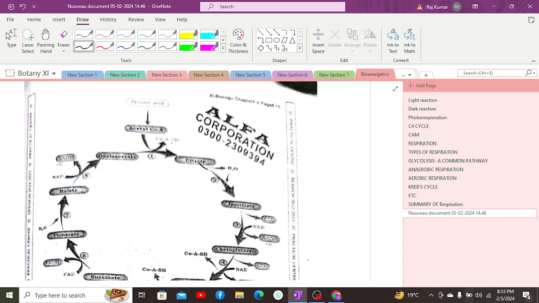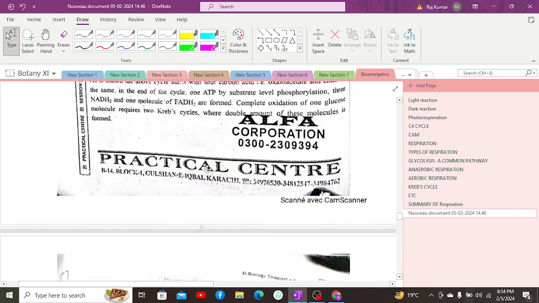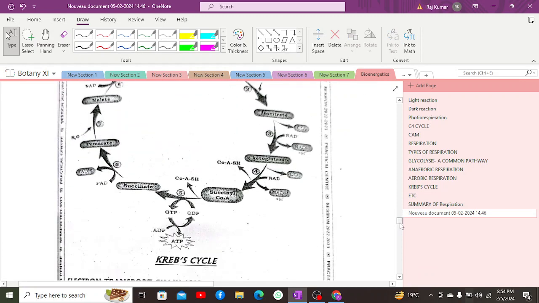As a result, the product obtained is known as succinyl. Succinyl is formed due to the oxidative decarboxylation of alpha ketoglutarate.